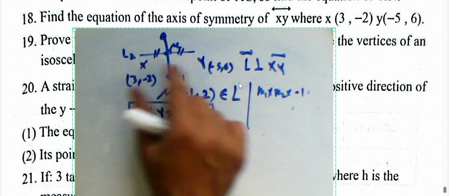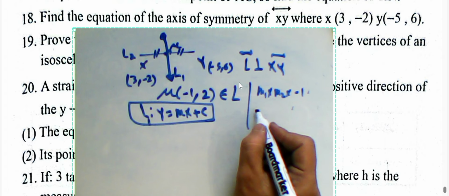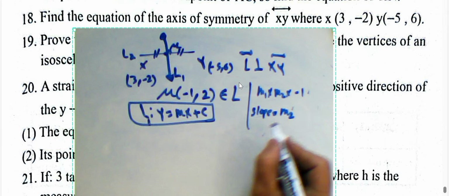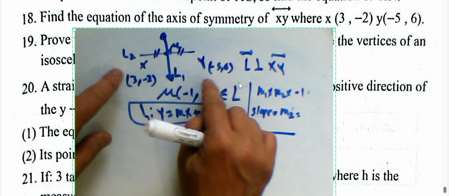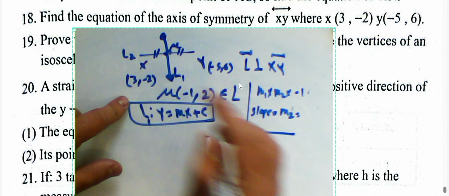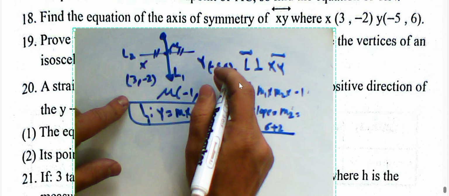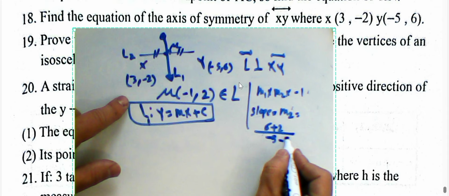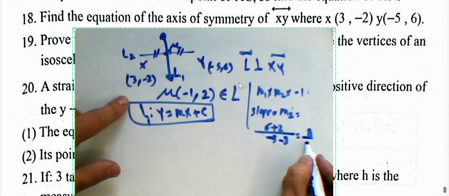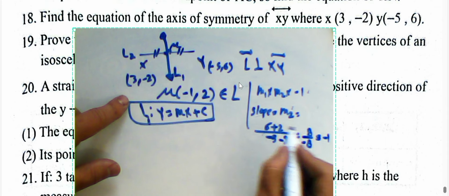We can find the slope of XY, M2, using y2 minus y1 over x2 minus x1: 6 minus -2, which is 6 plus 2, over -5 minus 3. 6 plus 2 equals 8 and -5 minus 3 is -8. Then the answer will be -1, so the slope here will be -1.